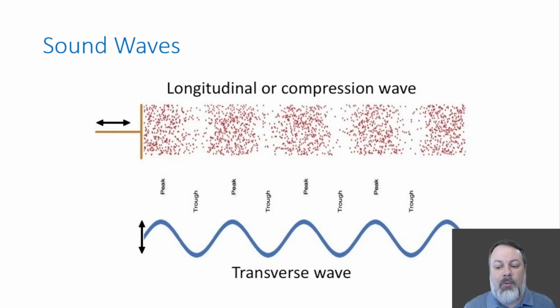And this can be represented as a wave where the peaks represent the most compression of air molecules, and the troughs represent the least density of the air molecules. And so these waves of compression and non-compression of air molecules can then travel through the air or through a fluid like water, and then can interact with the ear.